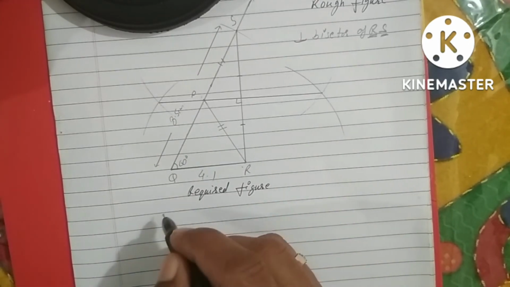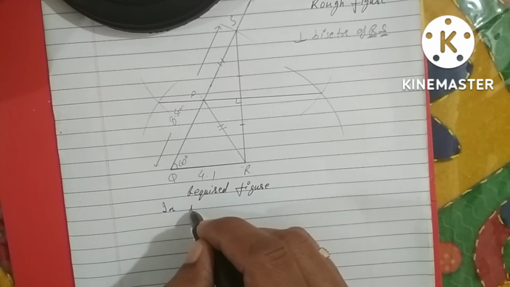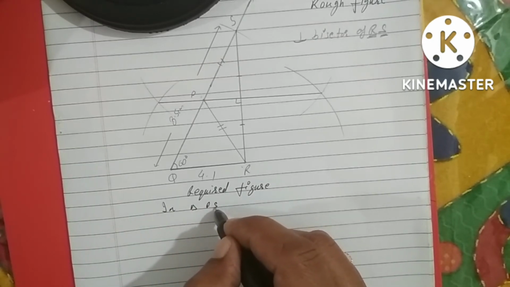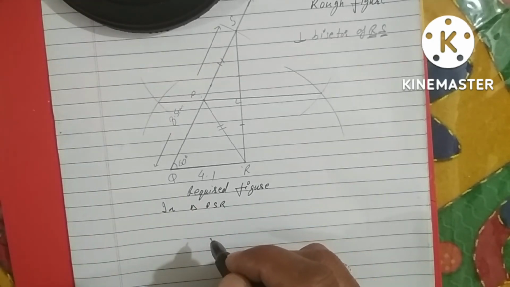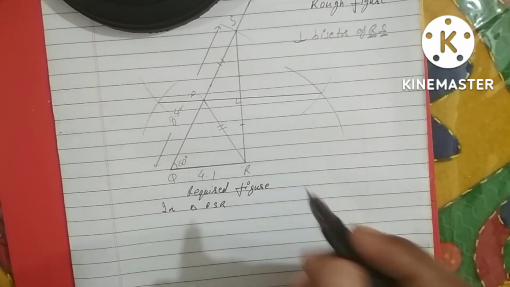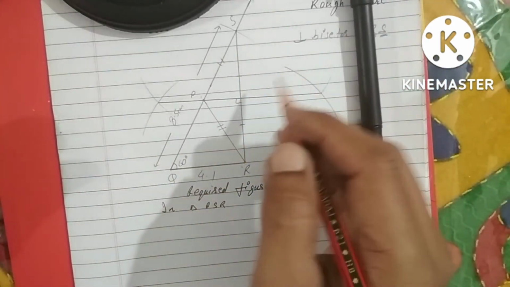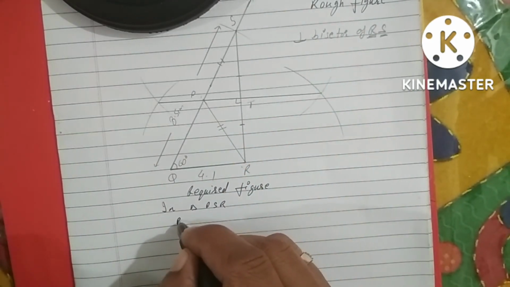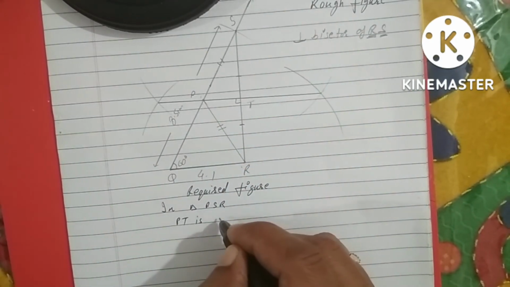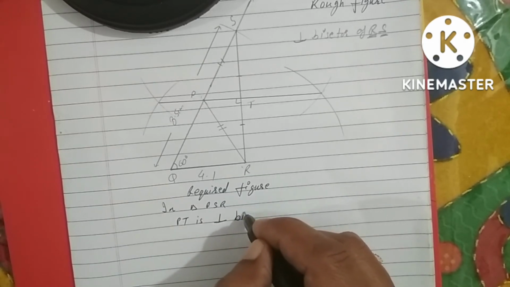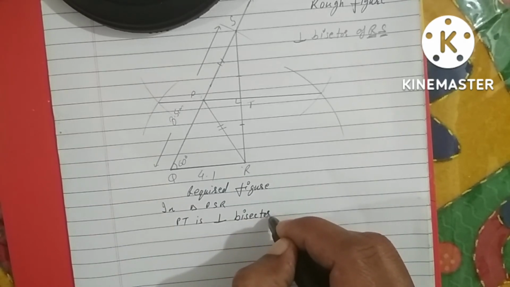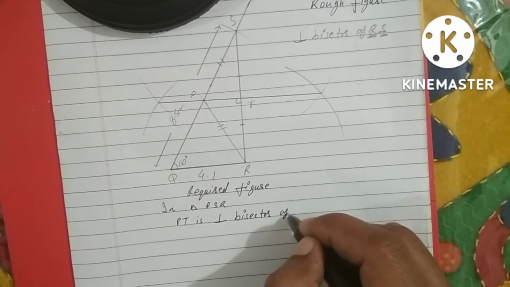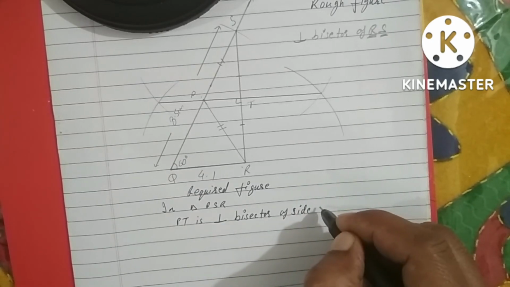So I'm going to take in triangle PSR, we need to give a name over here. I'm going to give it T. So we know that PT is perpendicular bisector of side SR.